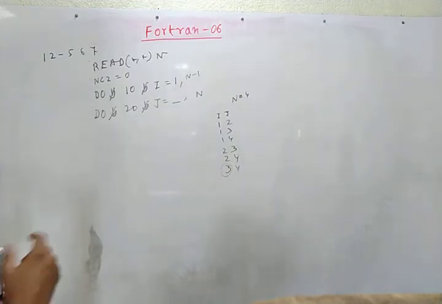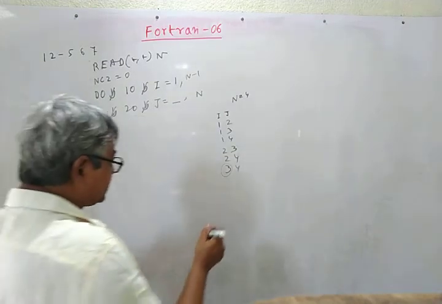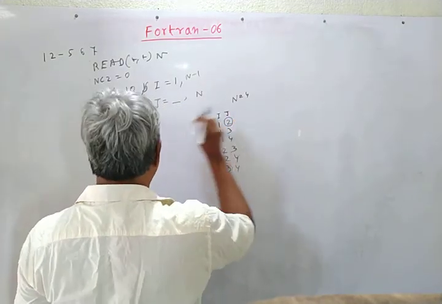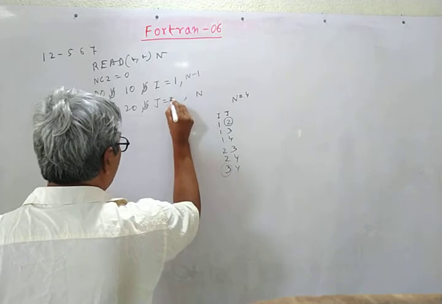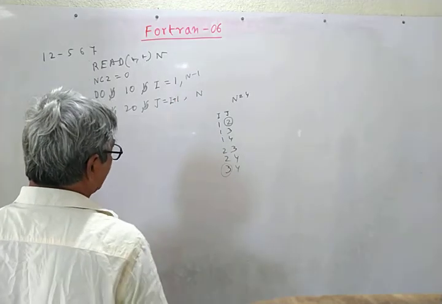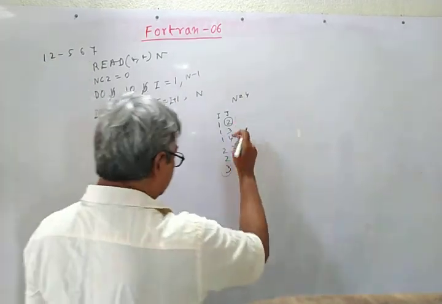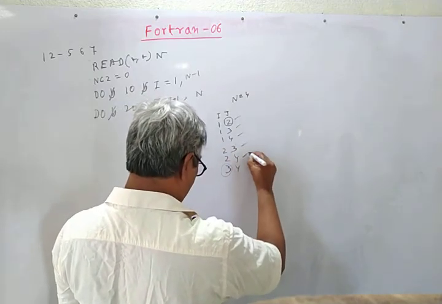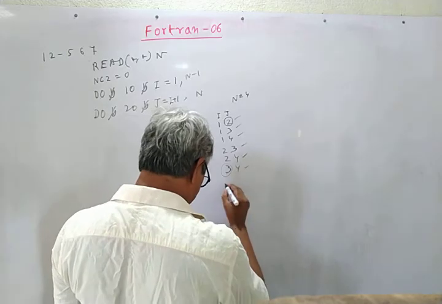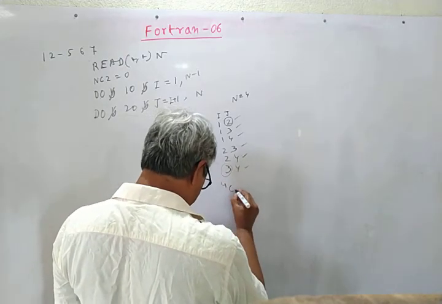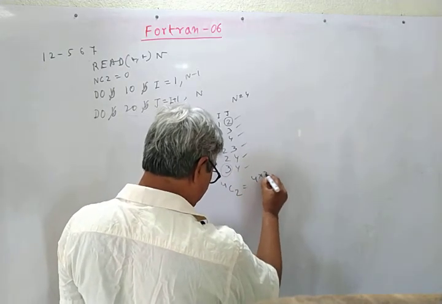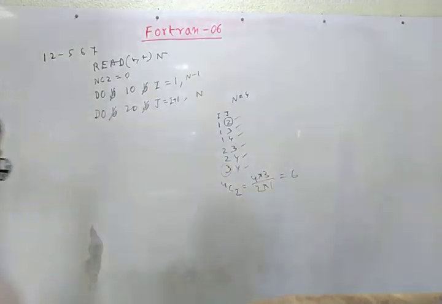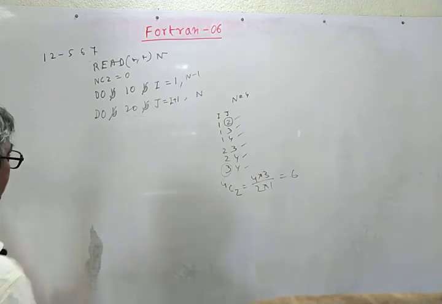And in the j loop, the j value starts with i plus 1, the given i value plus 1. So I should write it as i plus 1. If we calculate how many terms there are, 1 2 3 4 5 6, so 6 values are there. So 4C2 is equal to 4 times 3 upon 2 times 1, which is 6. So here the logic works.